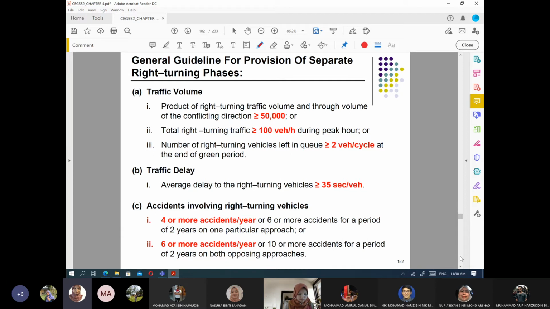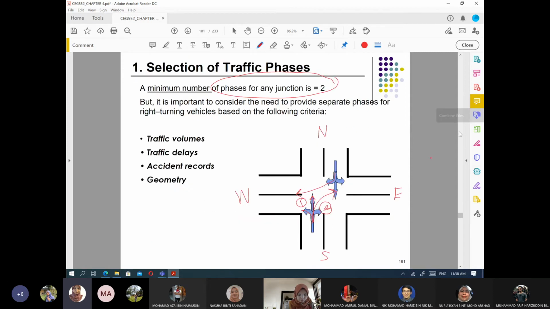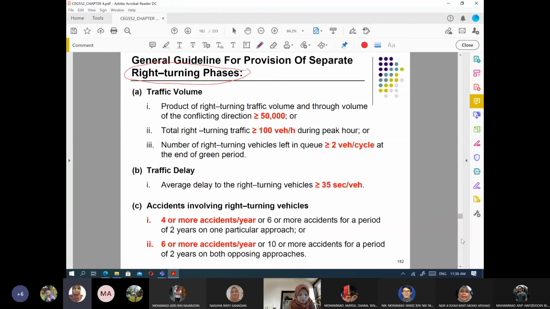This is you can see, kalau you masih nak gunakan dua fasa, you boleh guna guideline ni. Guideline ni adalah guideline you refer kepada right turn phase tadi. Kita kena bergantung kepada yang nak pergi kanan ni dan juga yang nak pergi kanan dari sini. Adakah bilangan kenderaan dia banyak ataupun sikit, dan baru kita boleh buat dua fasa.